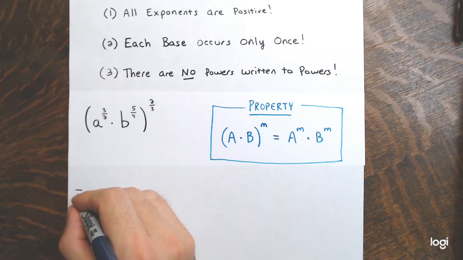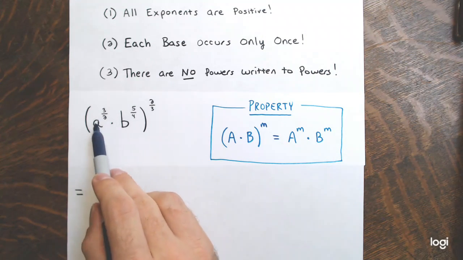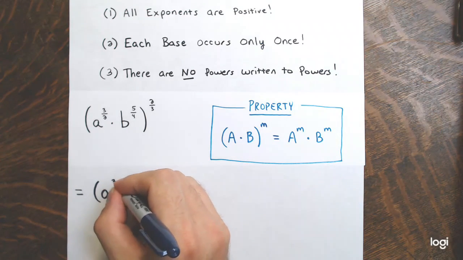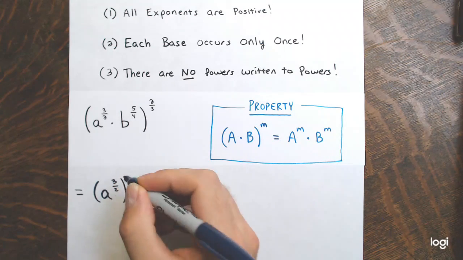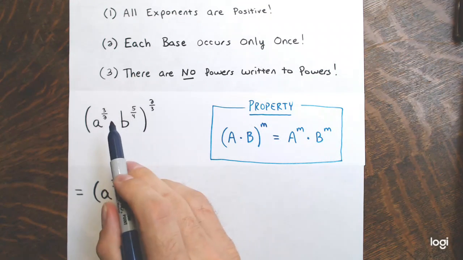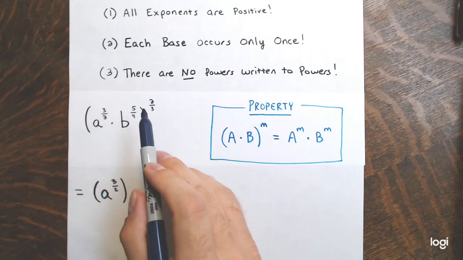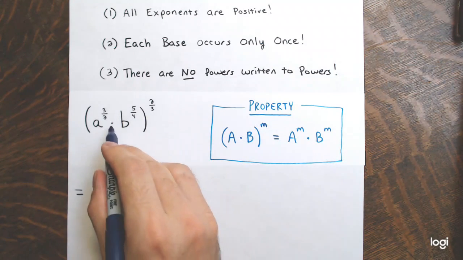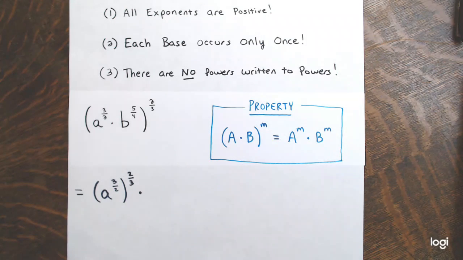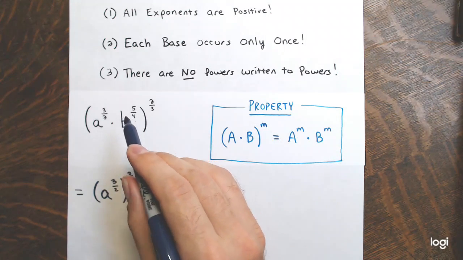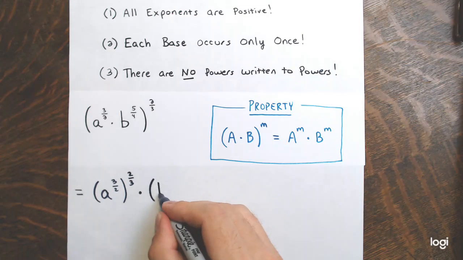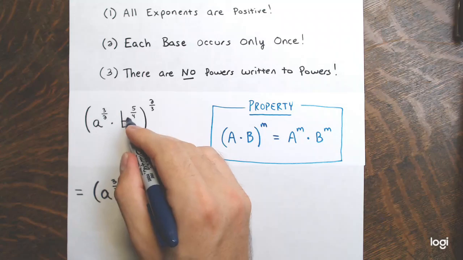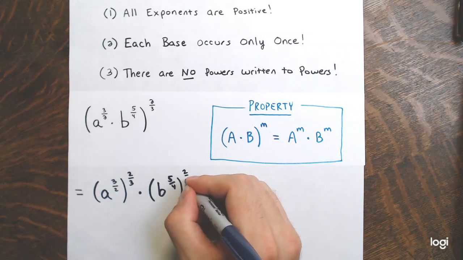This is going to be equal to, you take the first factor, a to the 3/2, and I'll put it in parentheses just because we're raising this to another power. I have a to the 3/2, and then that's being raised to the 2/3. Then times the next factor, b to the 5/4, that's also being raised to the 2/3 power.